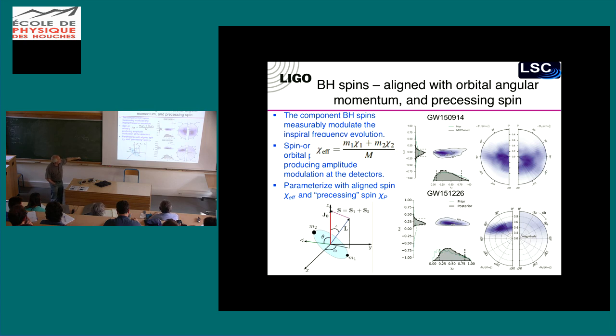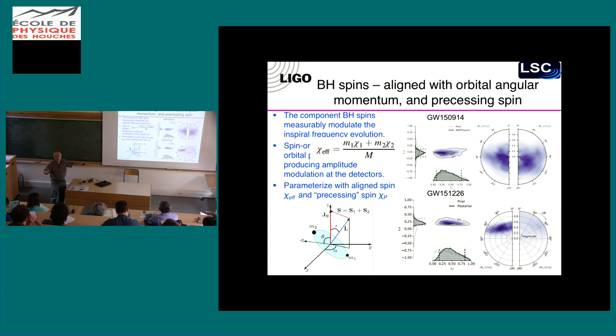And what is hard to see is that there is a green curve here, which is the prior, assuming isotropic spin directions and spin magnitudes flat between 0 and 1, which is crazy. You see that in the case of the precessing spin, the prior and the posterior look the same.